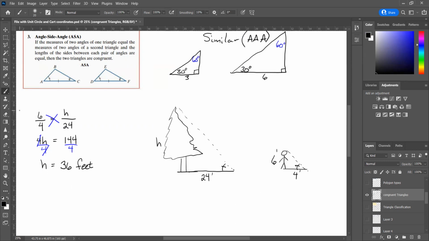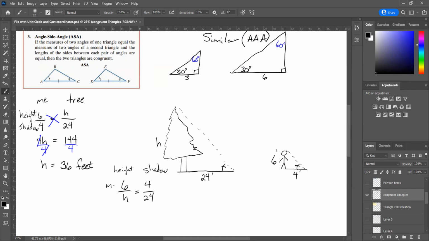Now notice I did height to shadow for both of them. This was me and this was the tree. Well, I could have done my height is to the tree's height as my shadow is to the tree's shadow. Notice both of these are height, both of these are shadows.